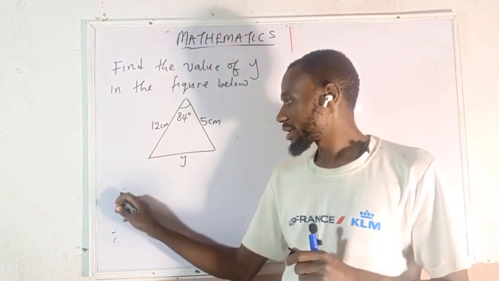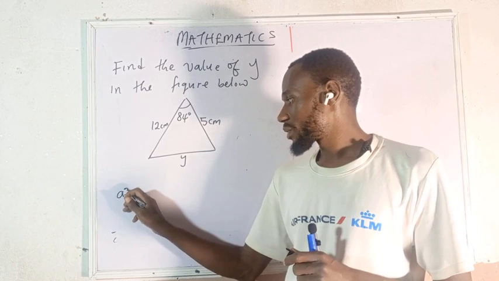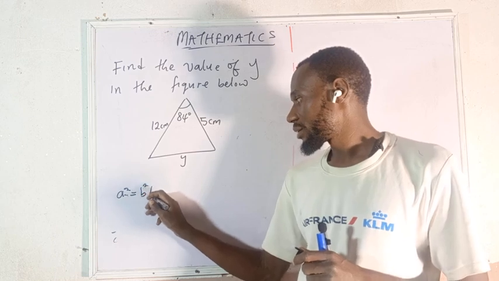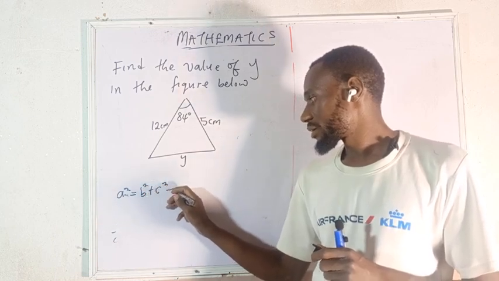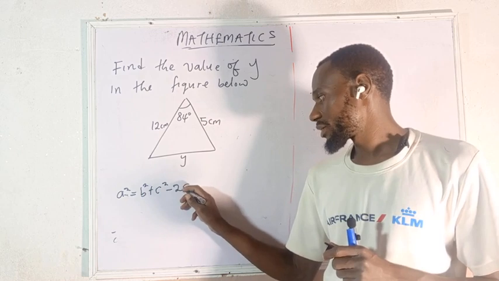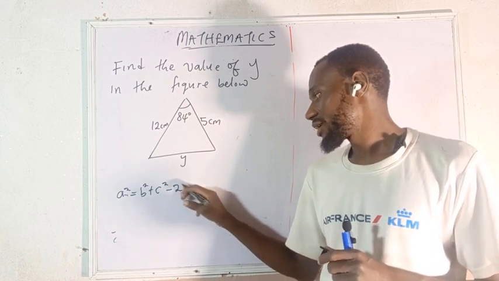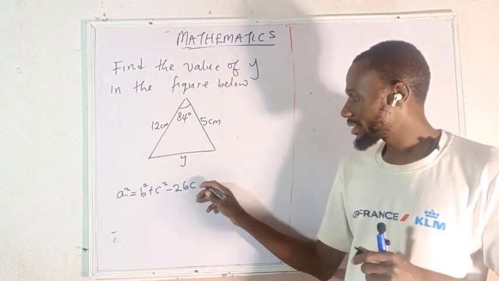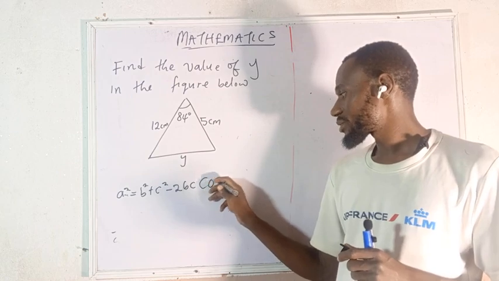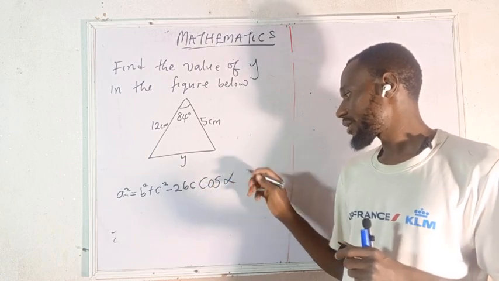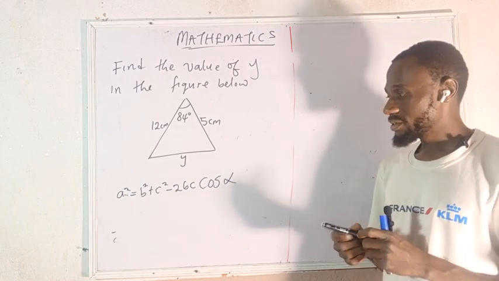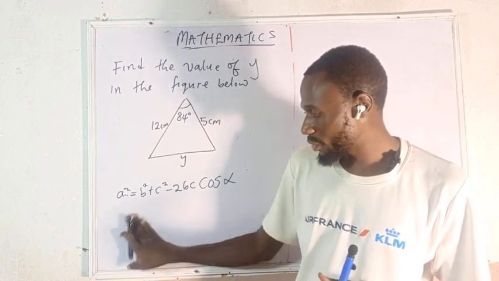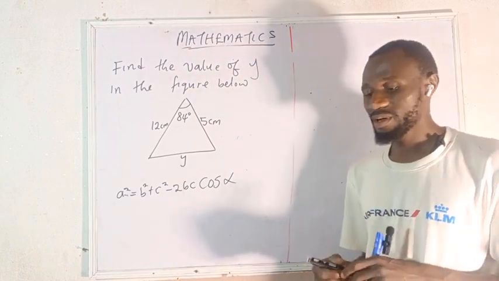The cosine rule says a square is equal to b square plus c square minus 2bc cos alpha, since you are looking for a. This is how we are going to solve this question by cosine.